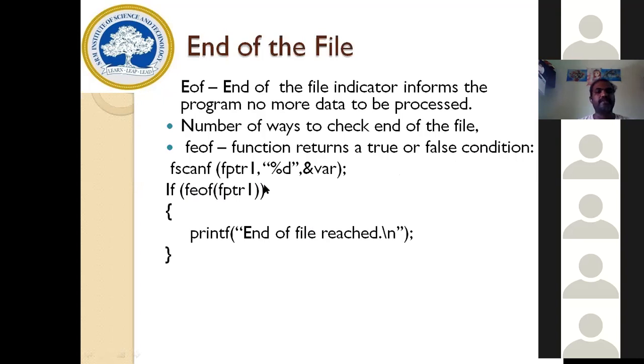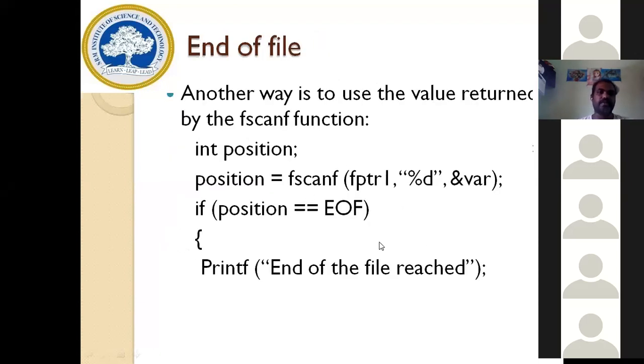So we are passing file pointer 1 as an argument for feof. So it will print that the end of the file is reached. So another way is to use the value returned by fscanf. You can also declare one more variable.